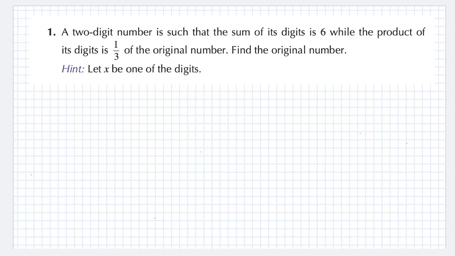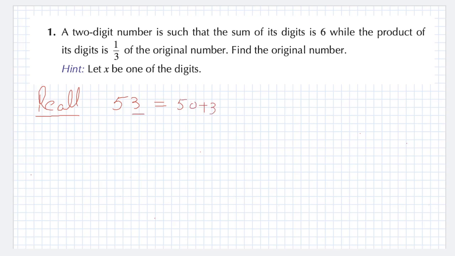First of all, let's recall something important about numbers. For example, the two-digit numbers have tens and units in them. So if we have a two-digit number, I take any random number, for example 53. I can write 53 as 50 plus 3.